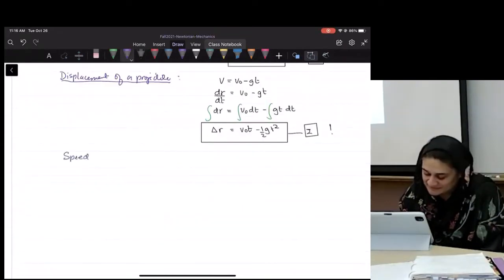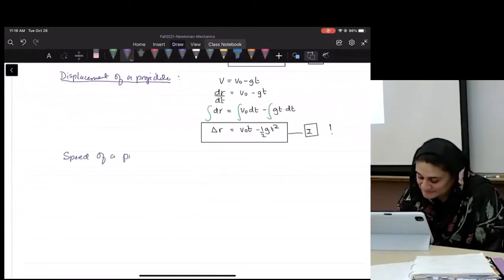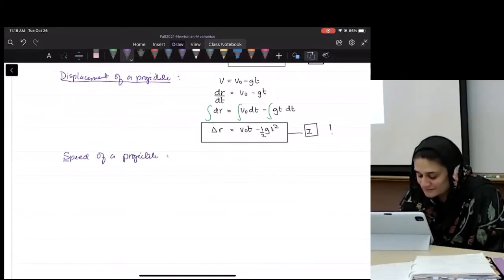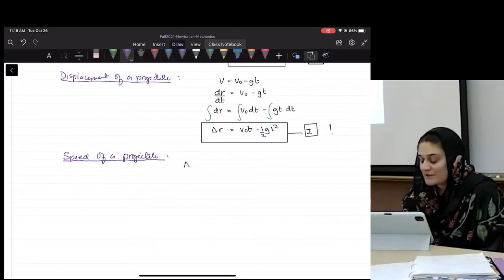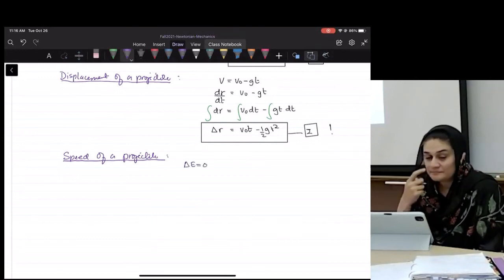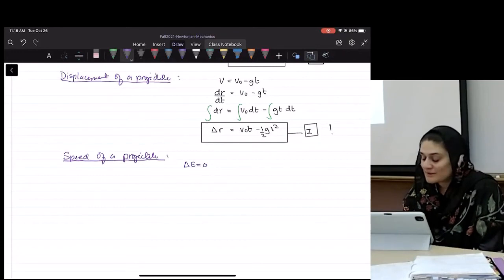Speed of a projectile. I want to be more. It's the same thing, Amanda. We're not doing anything new. So speed is a scalar. Can I use energies? Yeah, sure. Okay. May I use delta E equals 0? Why not? So what is delta E?